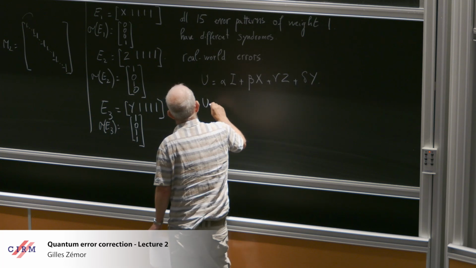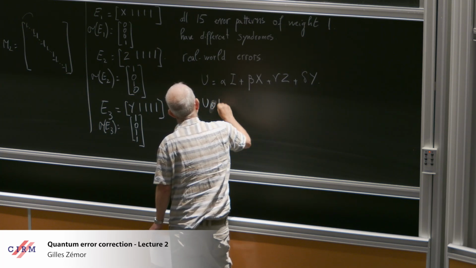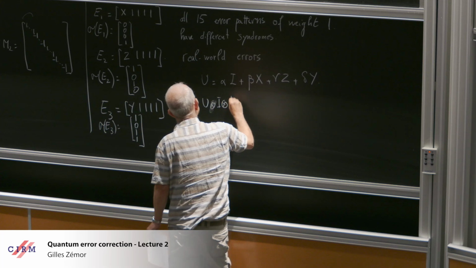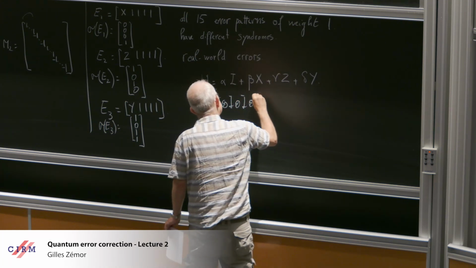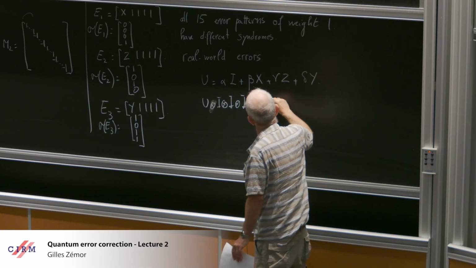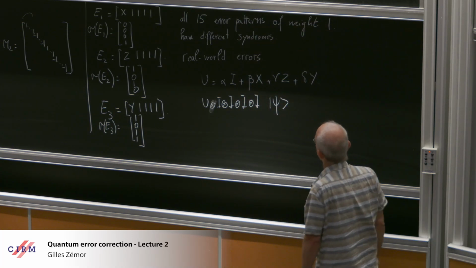So we will have U tensor identity, tensor identity, tensor identity, tensor identity, psi.